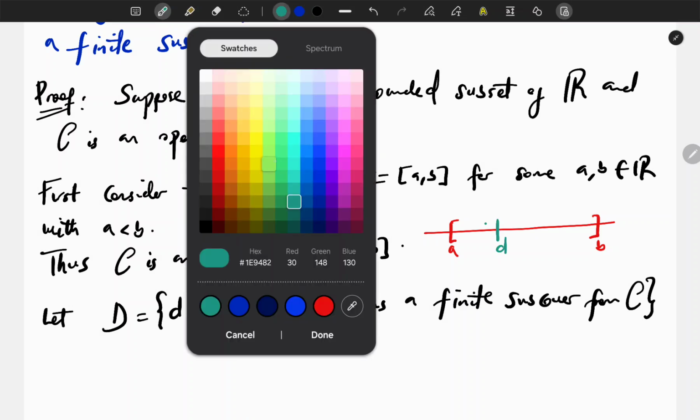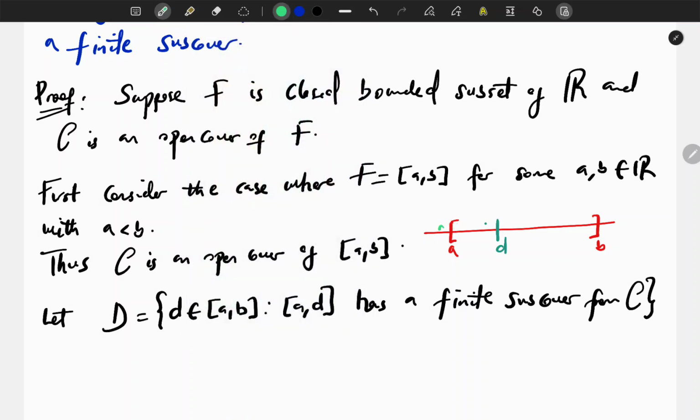So we have a finite subcover up to this point. Then we can extend it. If this has a finite subcover, since our subcover is an open set, we can find a small delta whereby we can stretch it, and as we continue to stretch it, we can find a finite subcover that will cover the entire [a, b].